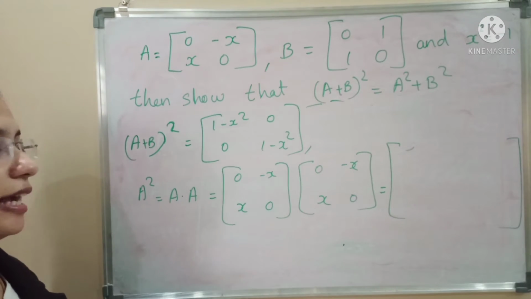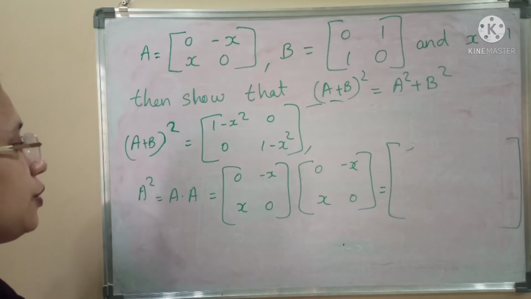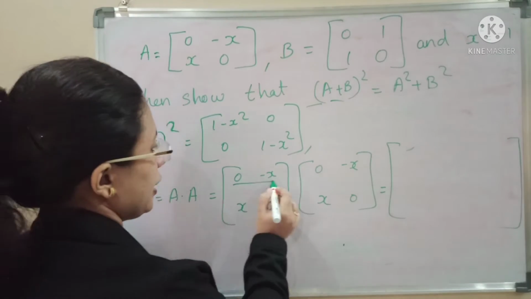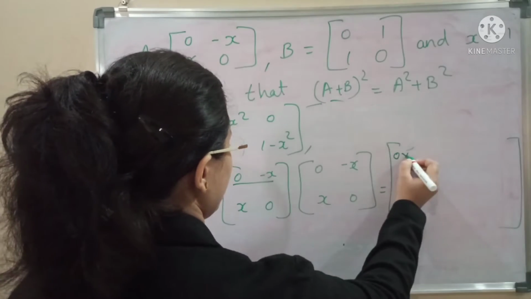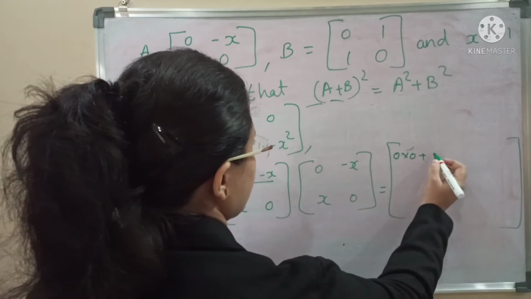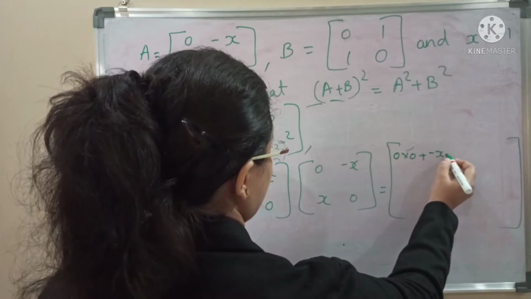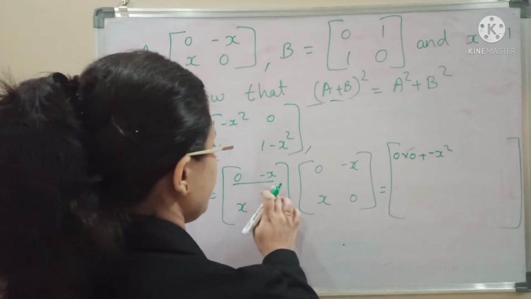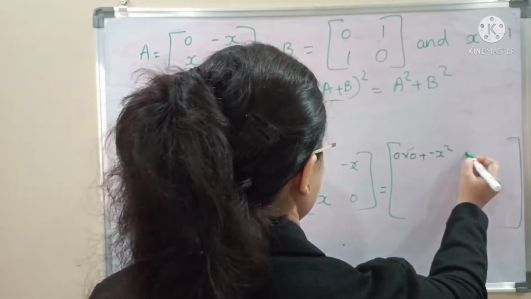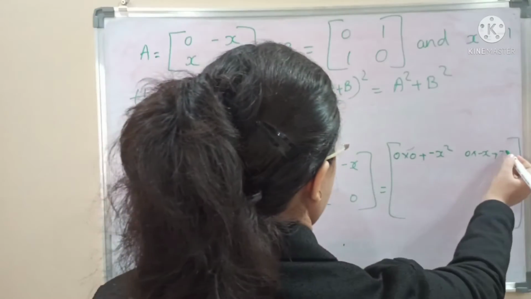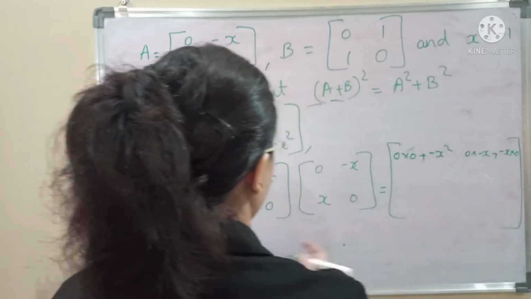A square means a into a. Okay, so we'll multiply a 2 times. So take the first row, 0 into 0 plus minus x into x is minus x square. Then first row, second column, 0 into minus x plus minus x into 0.